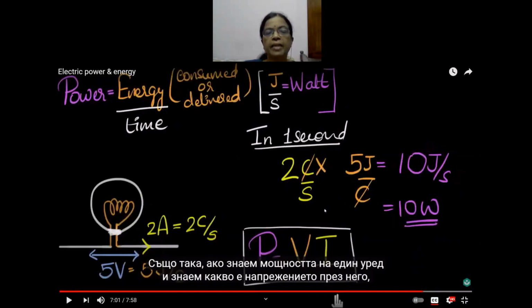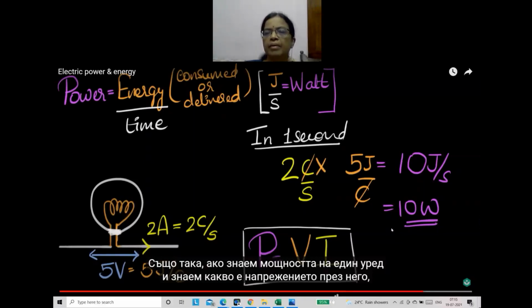I'll ask a question. What is the relation for current? Equation for current. Abhinav. Aparna, equation for current.